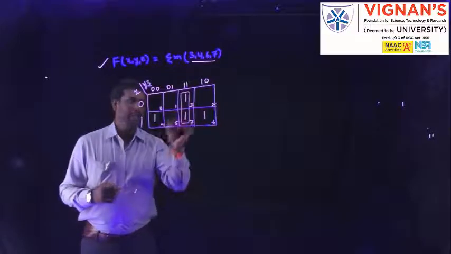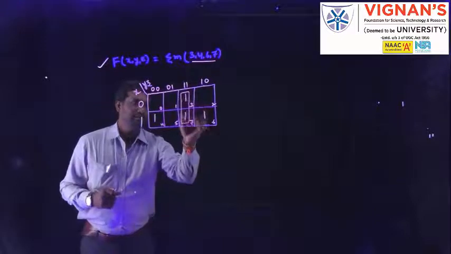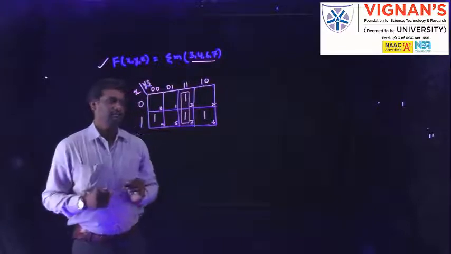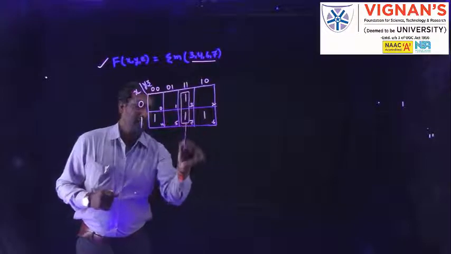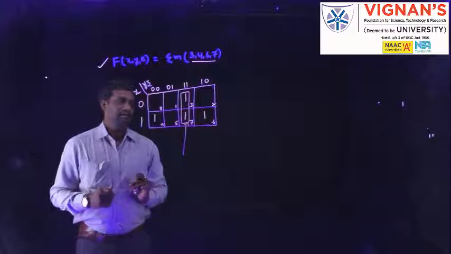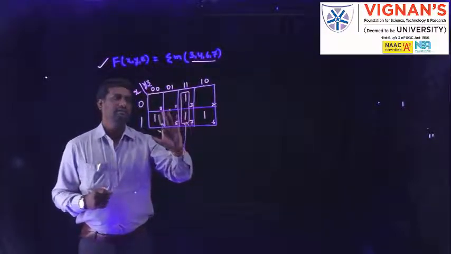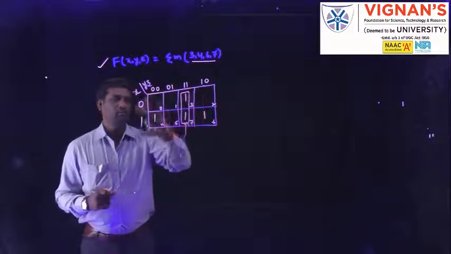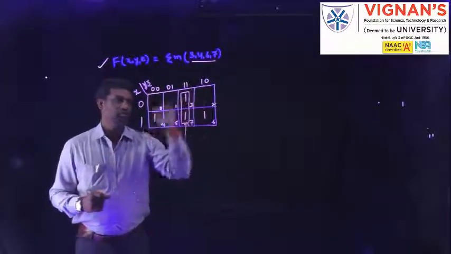By looking at the K-map itself, we can say these 2 ones can be grouped. The corresponding expression after grouping is from the common variables from rows wise and column wise.